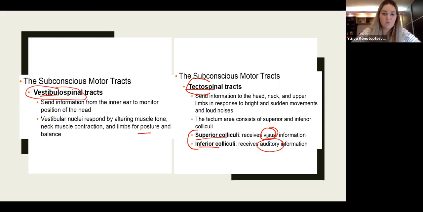So typically we expect that there is something wrong with the tectospinal tract, specifically the one receiving information from the inferior colliculus, because it is auditory. The same idea for visual. You have some patients, they see you, everything is great, but you clap in front of their eyes, right? And zero reaction, they don't blink, they're not trying to protect anything. That means that the superior colliculus was damaged somehow.